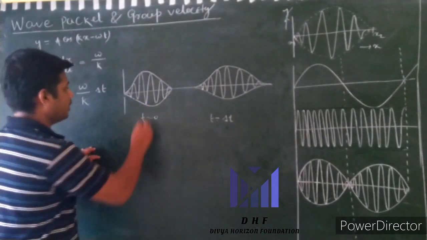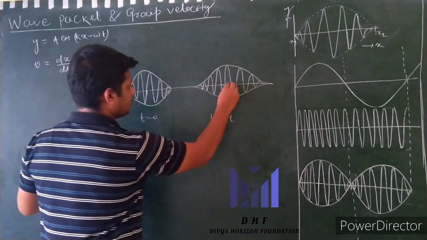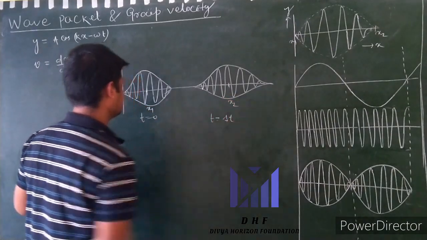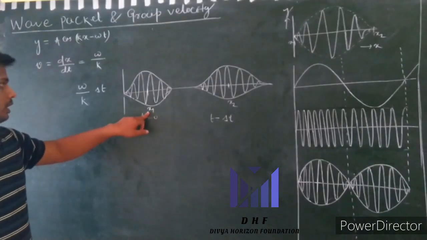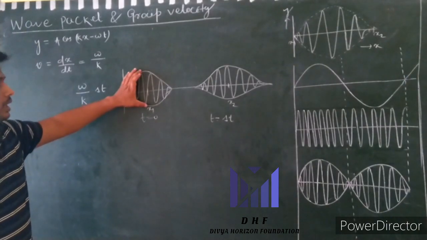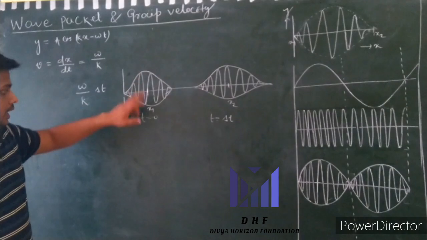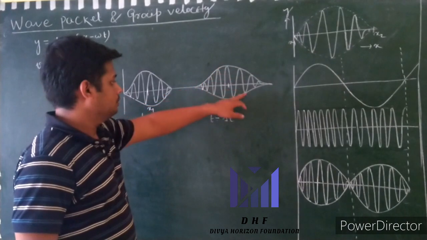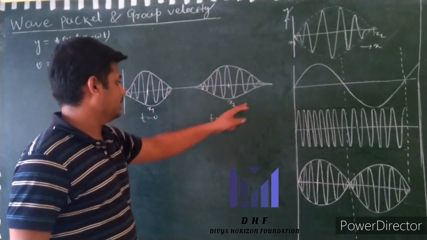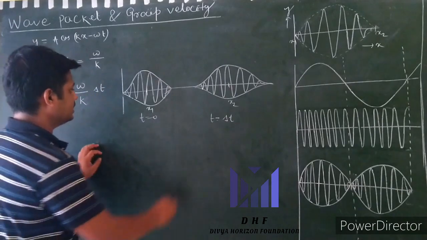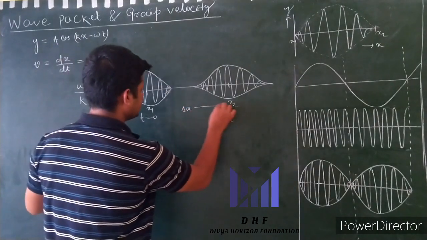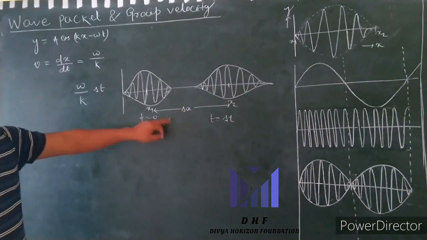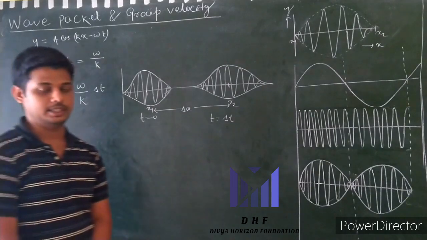The distance shifted by the wave packet in time del t is given by this distance between x1 and x2. x1 corresponds to the most thickened part of this wave packet at time t equal to 0, and x2 corresponds to the most thickened part of this wave packet at time t equal to del t. This distance del x can be considered as the distance traveled by this wave packet in the time del t.